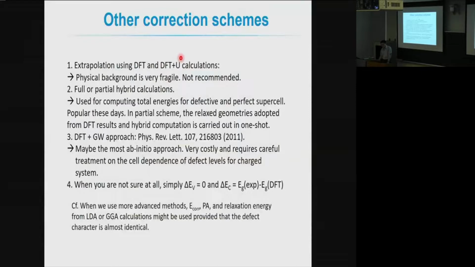They simply extrapolated this band gap correction effect, and this does not cost much computational time, but the physical background is very fragile, and so it is not used anymore.